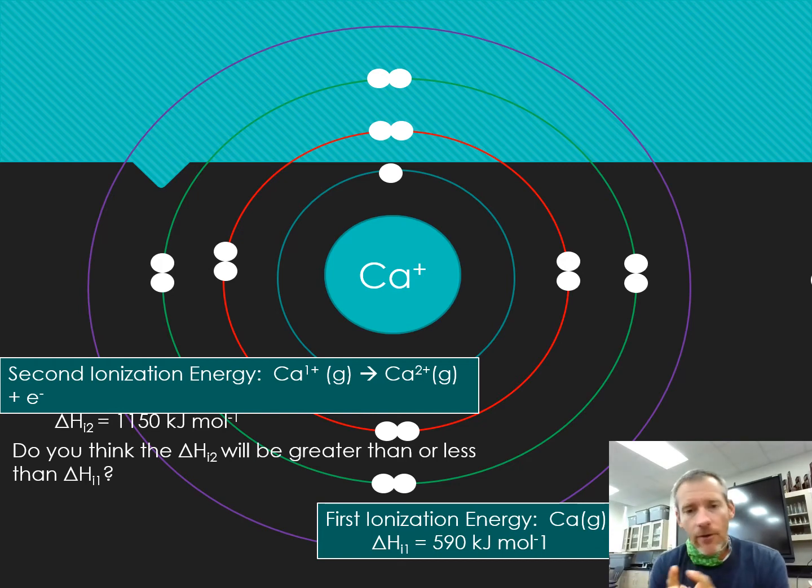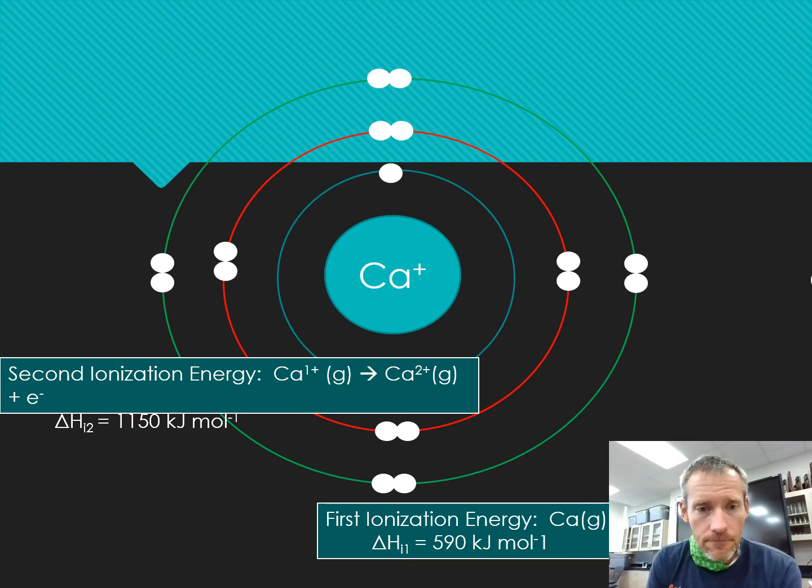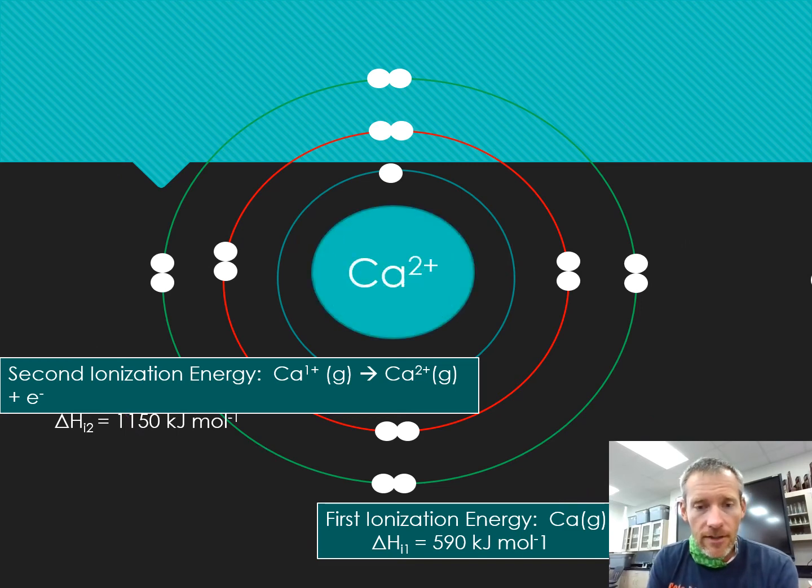It's because it has the same number of protons, but it has 1 less electron. So the protons have a little more energy to hold on to the electrons. So it requires more energy to pull away, to remove. Calcium goes to plus 2.